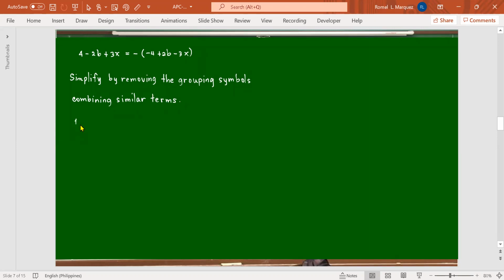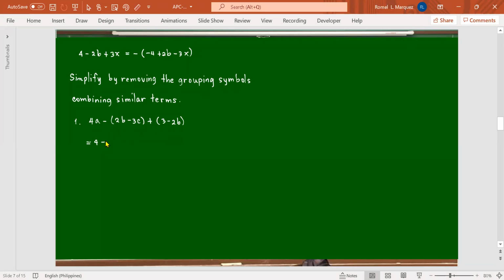Okay, number 1. Let's say I have 4a minus 2b minus 3c plus 3c minus 2b. Okay? So these two grouping symbols are independent of each other, no? So we can work at both at the same time.